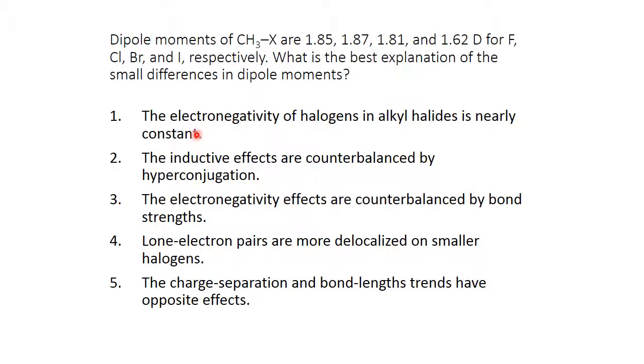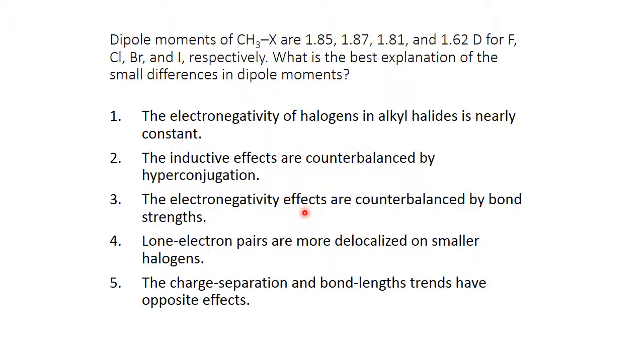So number 1 is not the reason. If we look at number 2, the inductive effects are counterbalanced by hyperconjugation. Hyperconjugation is on carbons that are substituted with other carbons. There's no substitution on this carbon, so it can't be that.